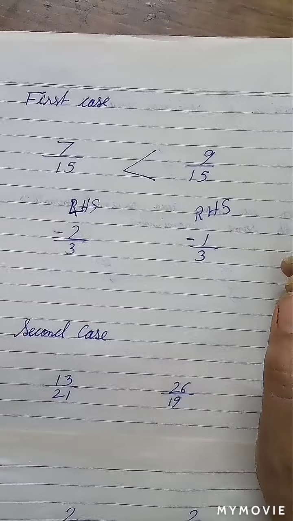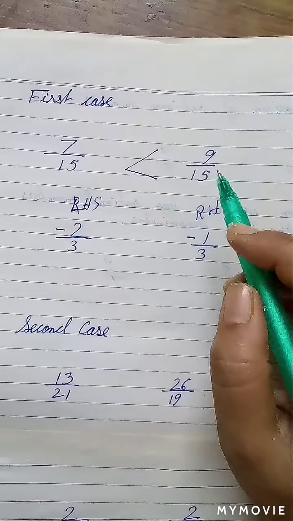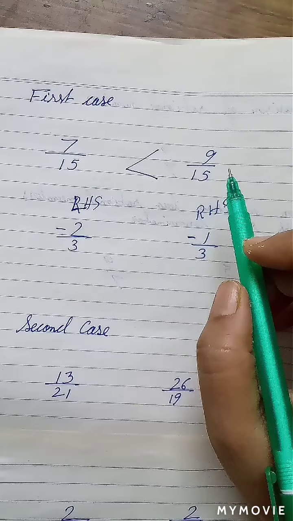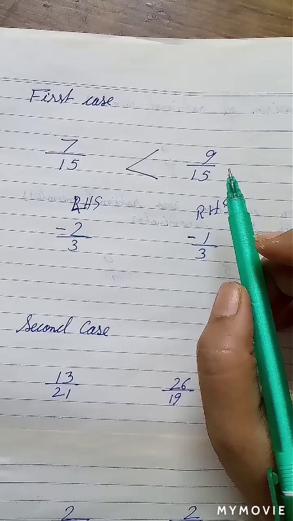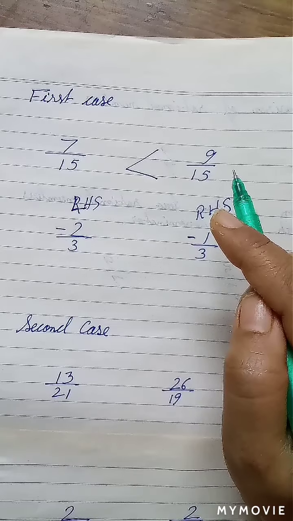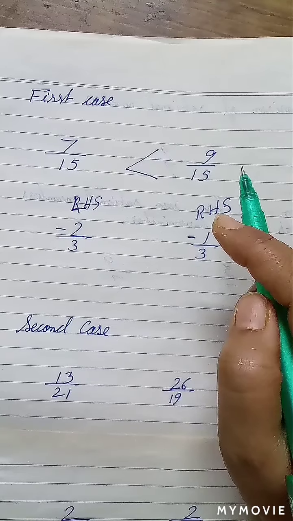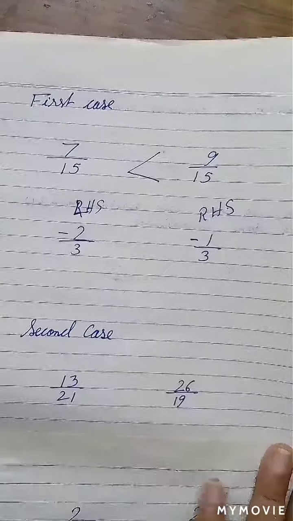So the first case is when we have two rational numbers where the denominators are the same. Say we have a material and we divided it into 15 equal parts. We asked A to take out 7 parts out of it, and we asked B to take out 9 parts out of it.